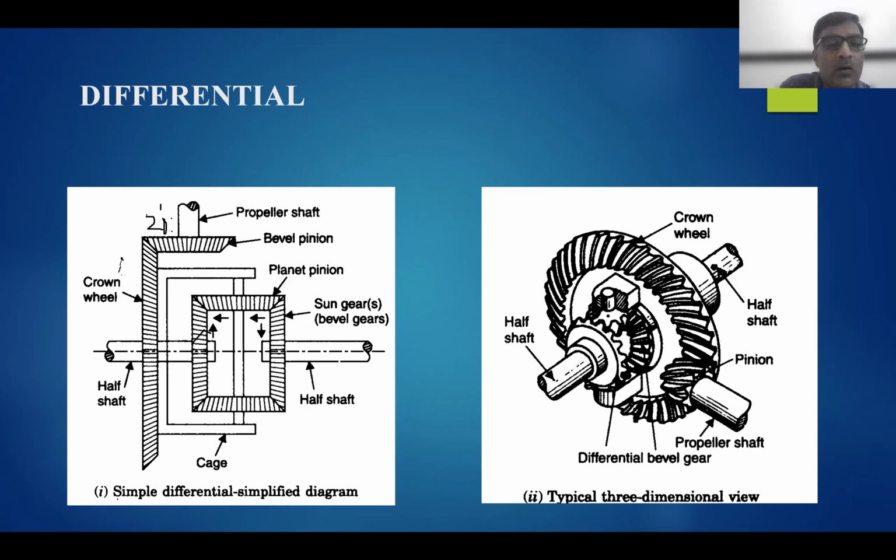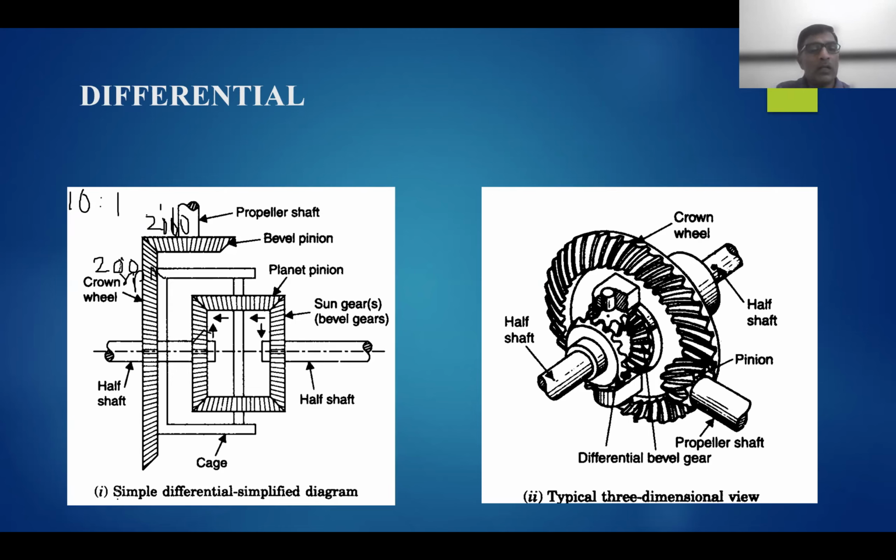I will write here 2000 RPM. And with this arrangement, we can get cage speed, or this crown wheel RPM, as 200 RPM. What it indicates is 10:1. So this much reduction we got.